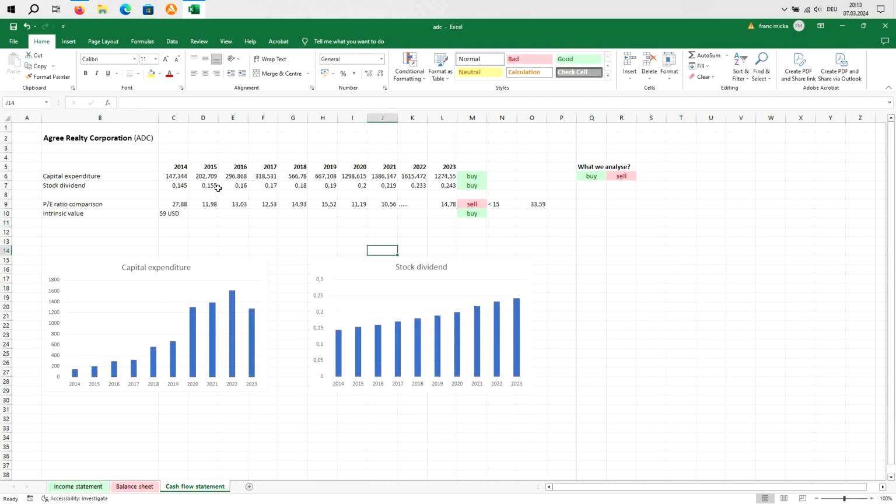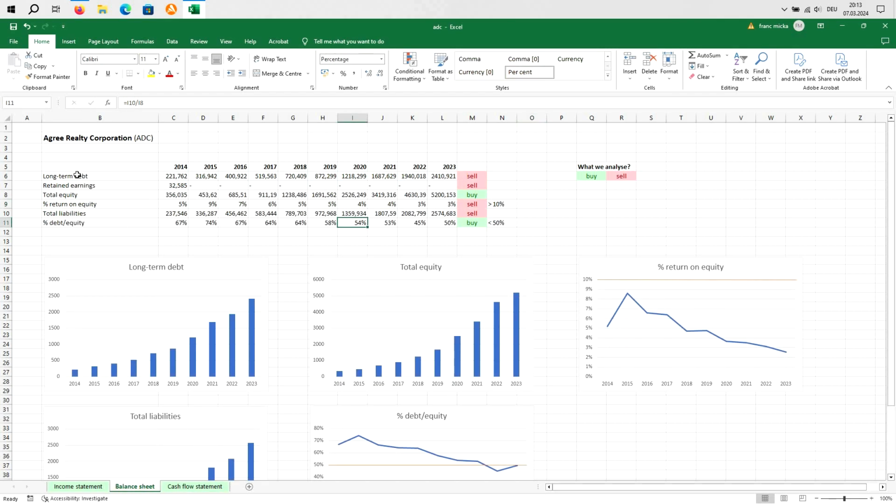And also they are obviously paying monthly dividends. Their current price is below intrinsic value, which is also a good sign. The only thing that I don't like, bro, is the P/E ratio and the long-term debt. Long-term debt is good, but still a bit too high, you know, they are increasing the debt too much.